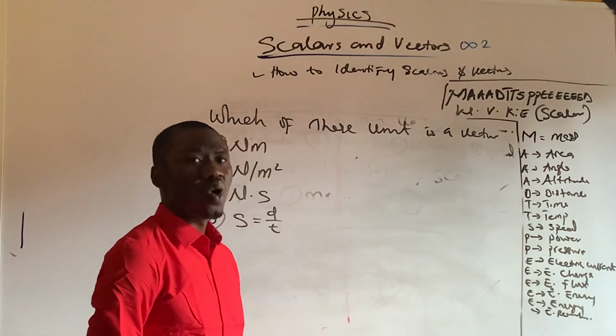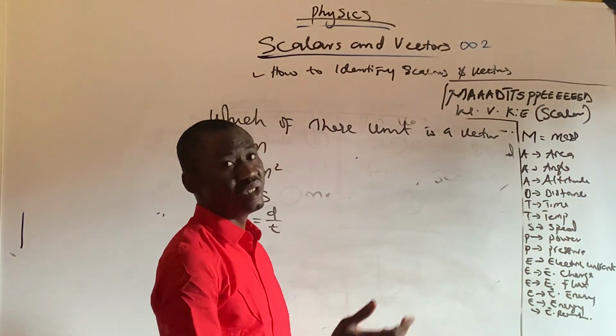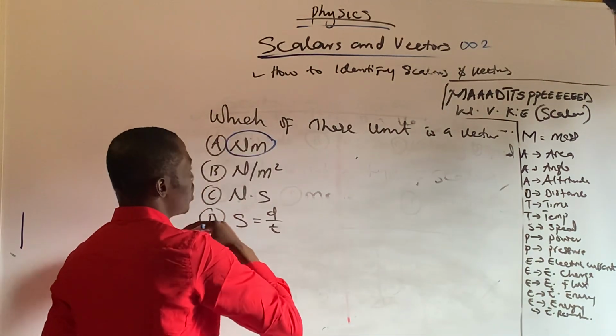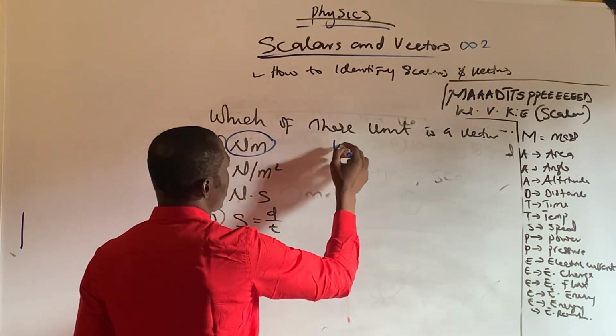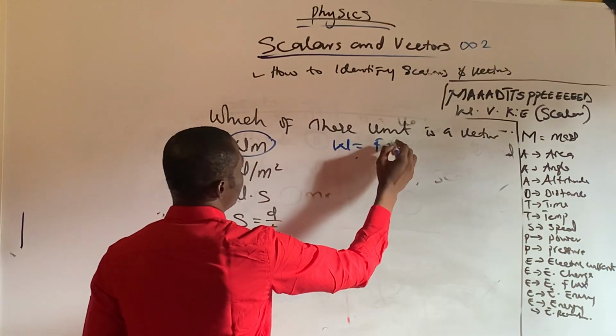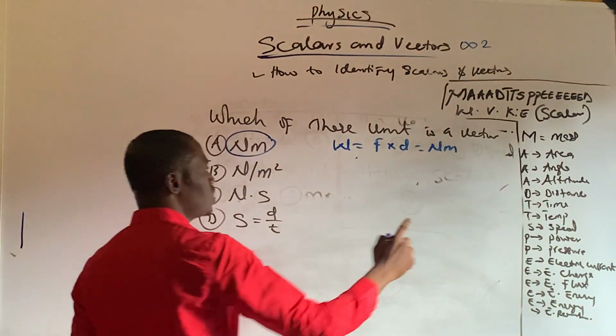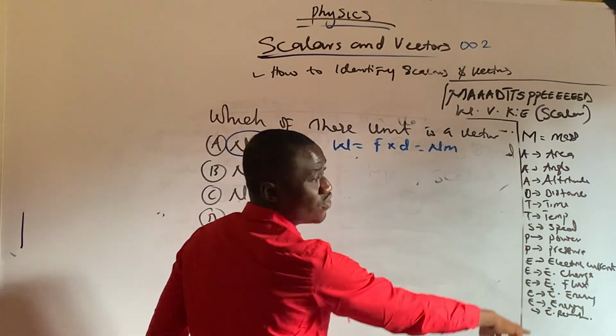Now, you need to go back to the video where we taught derivation of units. You need to know what Newton meter means. Work done is equal to force times distance, and that is Newton meter. Work done is not a vector, it's a scalar.